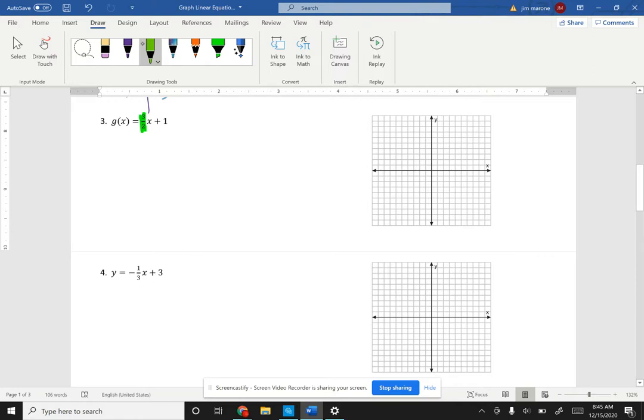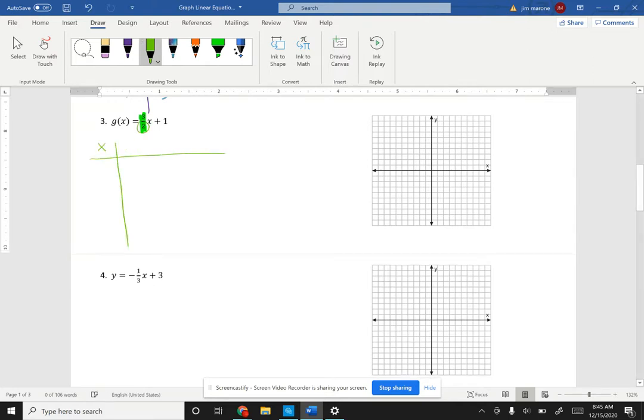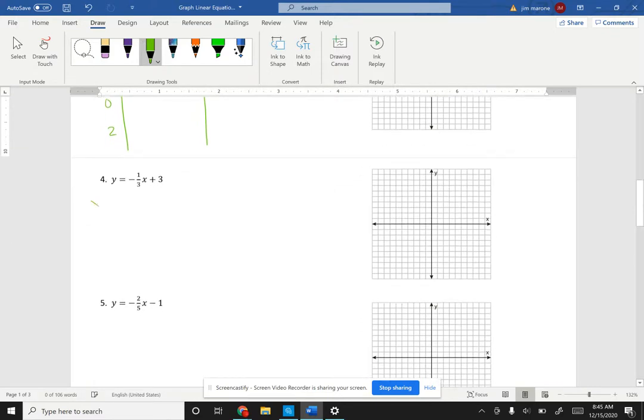So this denominator is a 2, and I'll set up the bigger t-chart. You can do either one. So I'm going to choose a negative denominator, 0, and a positive denominator. Same thing for the next one. I look at the denominator, it's 3.